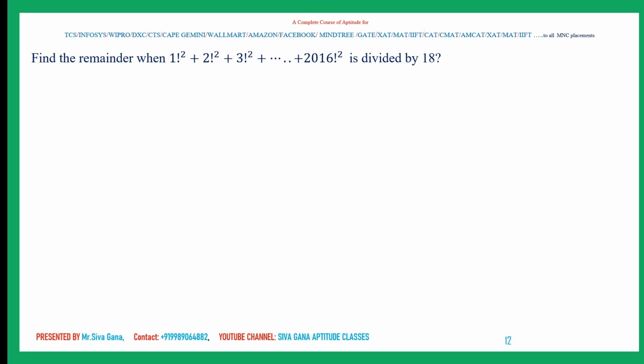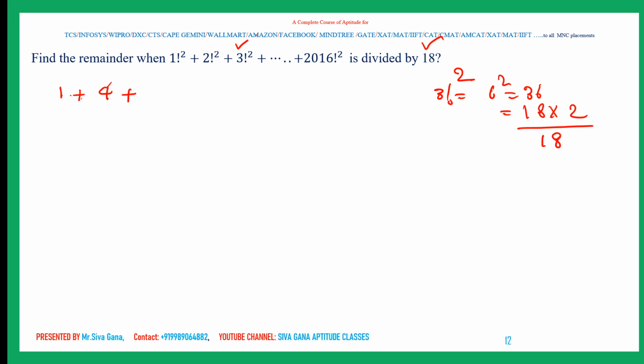The divisor is 18. 1 factorial square value is 1, plus 2 factorial square, which is nothing but 4, plus 3 factorial square. 3 factorial is 6. 6 square is 36. 36 is nothing but 18 into 2. Now divided by 18, so 3 factorial square is divisible by 18.